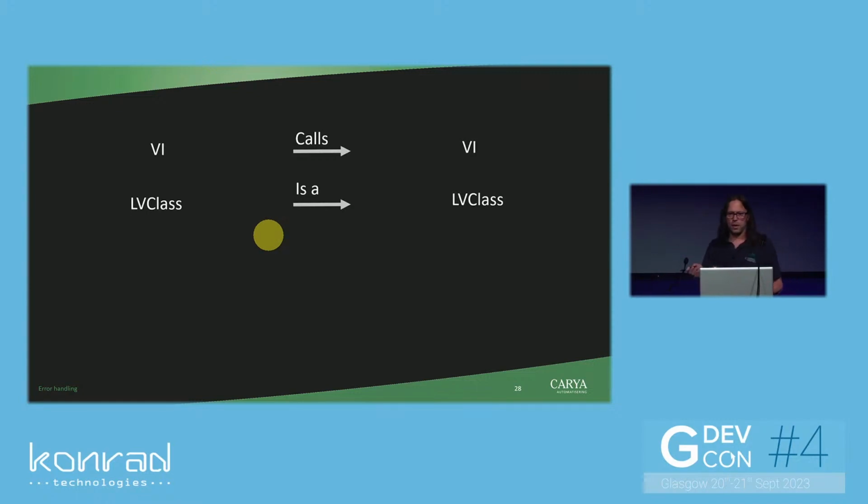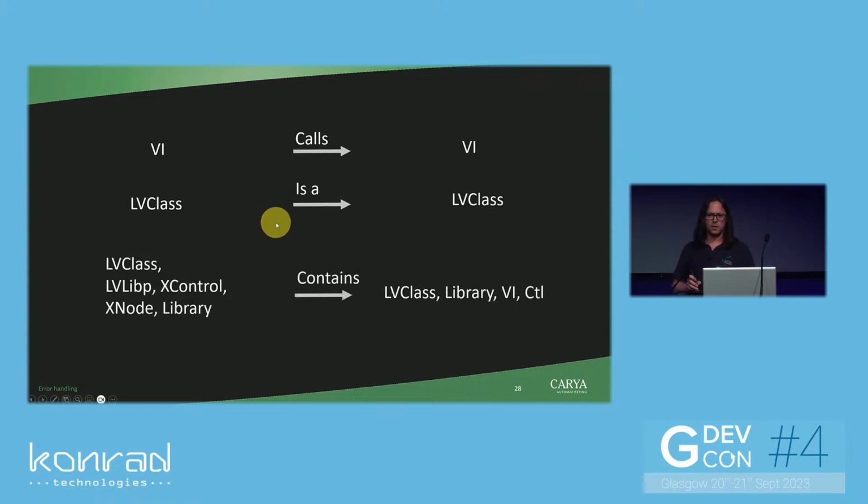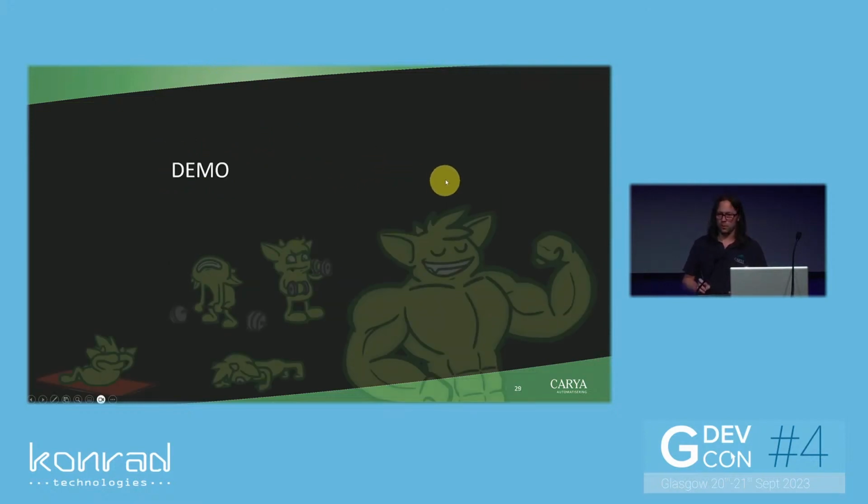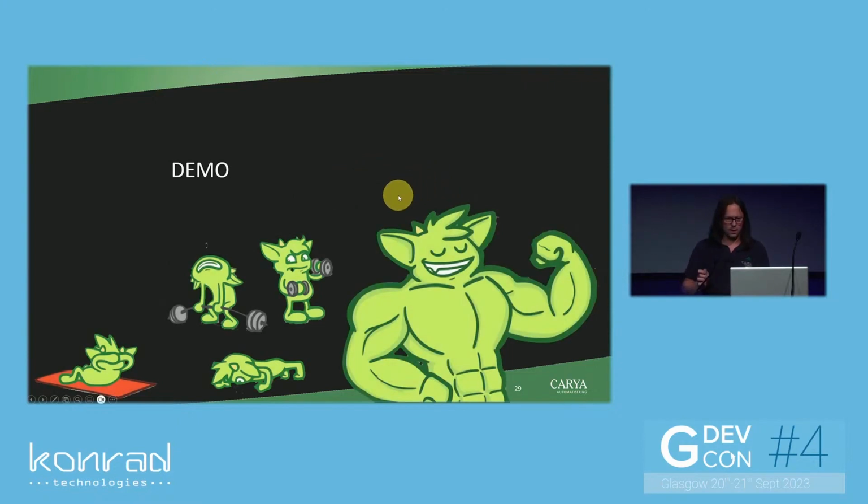So far, I was thinking like a VI calls a VI, a class is a class, and eventually a class could be an interface as well. So these are the vertices, and these are the edges that my module now supports.